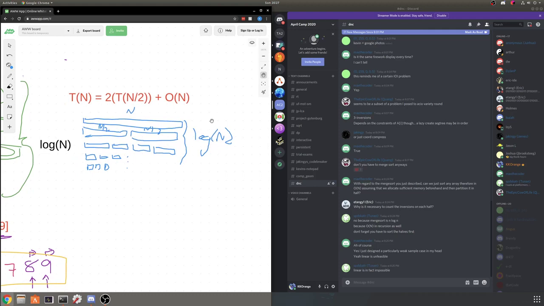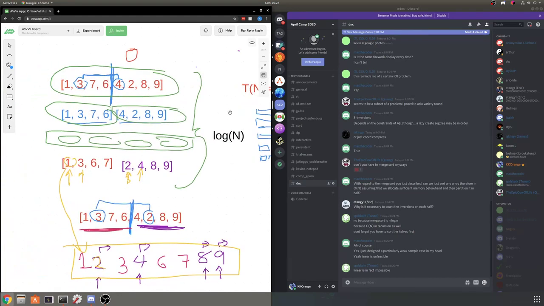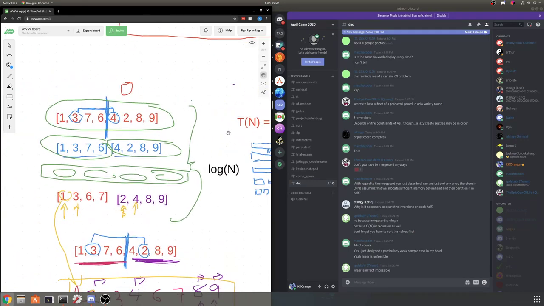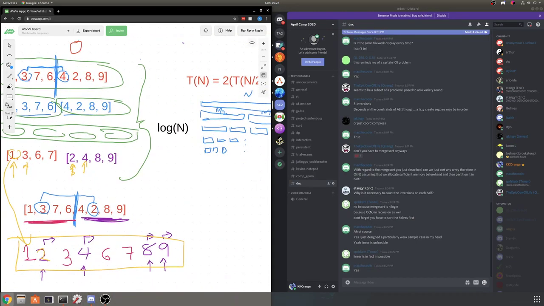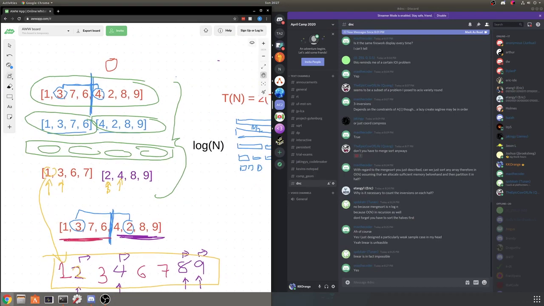Why is it necessary to count the inversions on each half? So when we do this step here of splitting the array in half, there are three cases for where the inversions are.